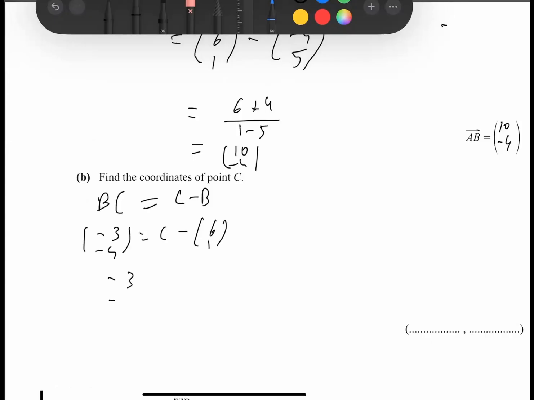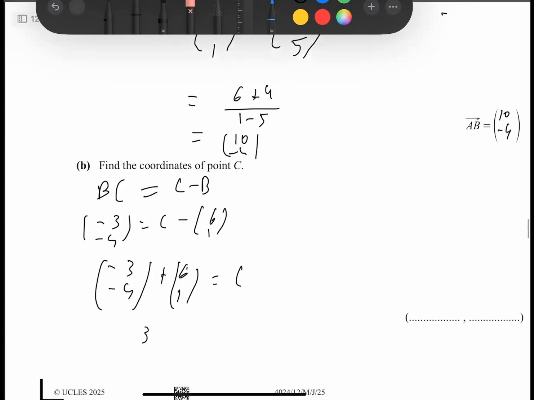So minus 3, minus 4, plus 6, 1 is equal to C. So 3, minus 3 is equal to C.